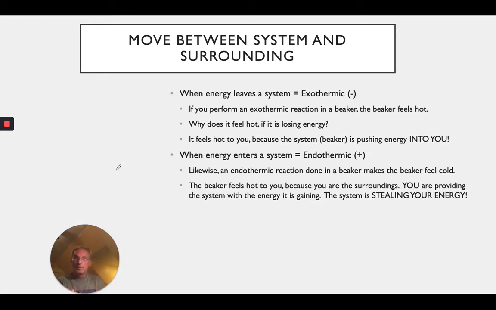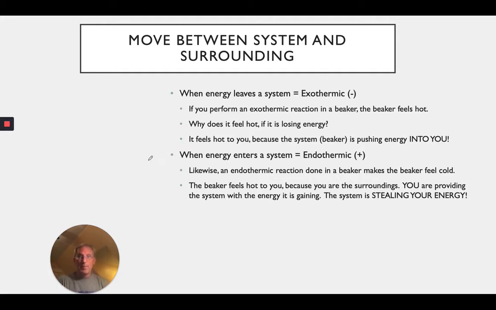That is warm. If we go the other way, we call that endothermic. Anytime energy goes into a system, that's endothermic. Now, generally, if you were holding a beaker and there was an endothermic reaction going on in there, the beaker is going to feel cold. So there's chemicals in this beaker, right?